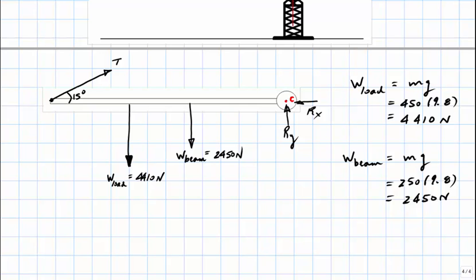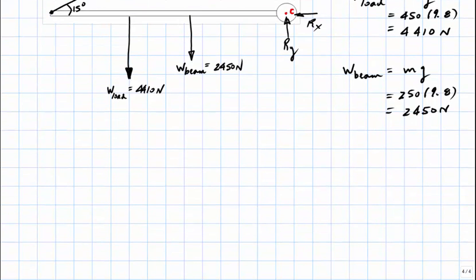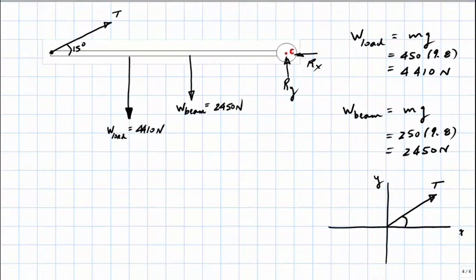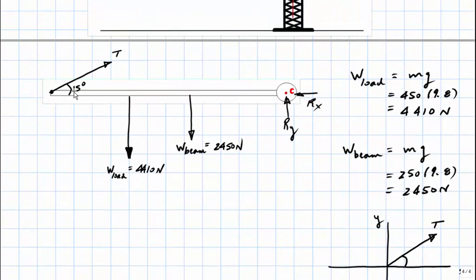As part of our preparation, let's also isolate the tension within a Cartesian coordinate system. Here's the tension, and we need to identify the angle that it makes with respect to positive x, which is this angle right here, and it just so happens that this angle, coincidentally, equals 15 degrees.